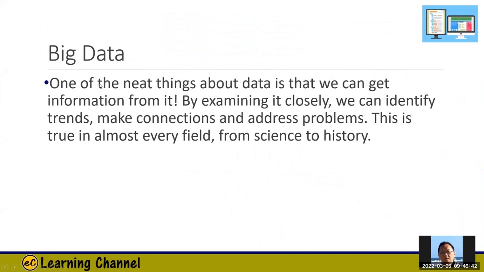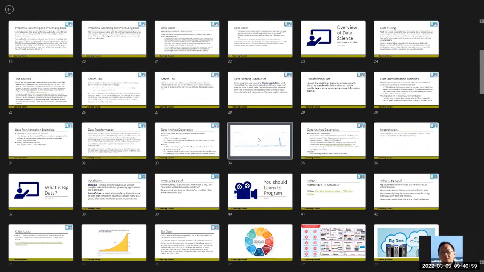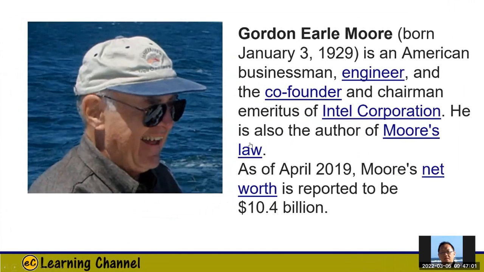So let's look at big data. If you get bigger data, more information, you will make a better decision. That's what big data is all about. So we get more information, examine it carefully, and identify the trend. What is the trend? Moore's law tells us the trend, right?